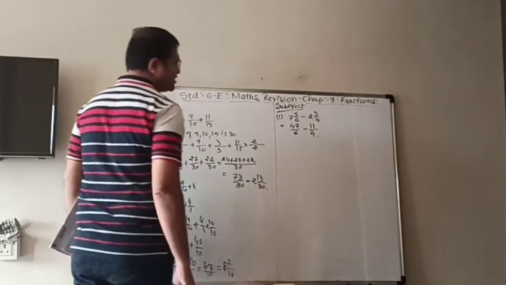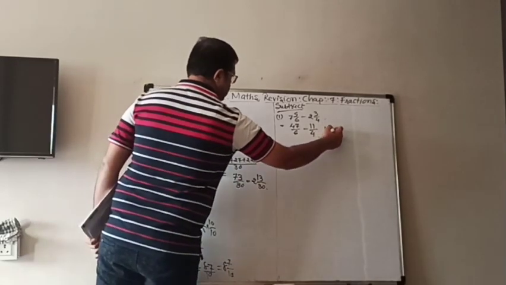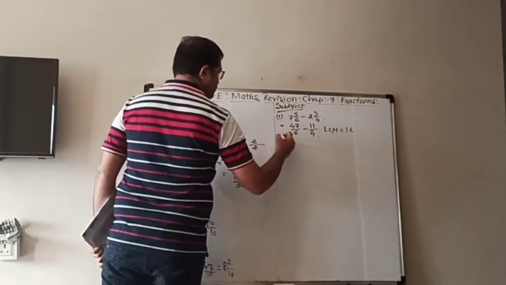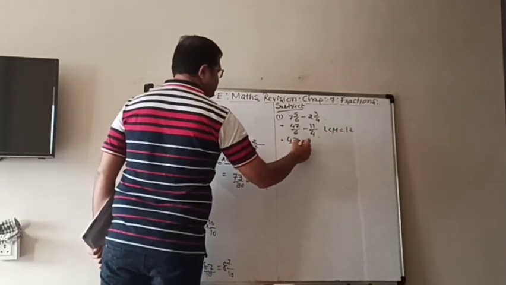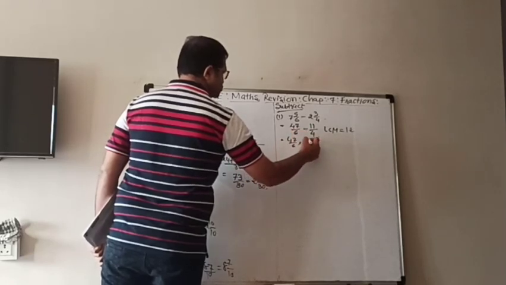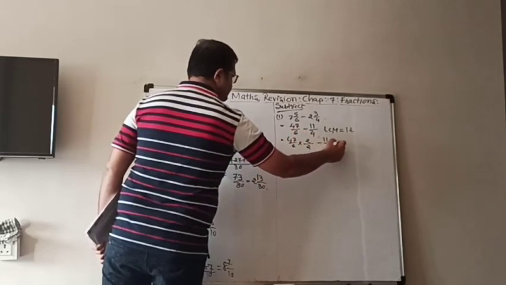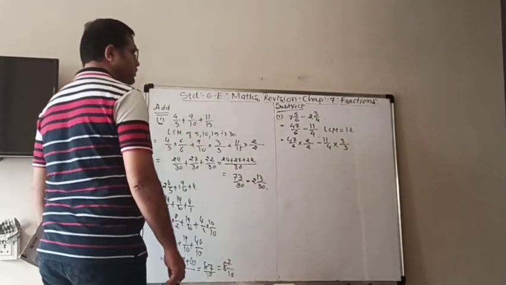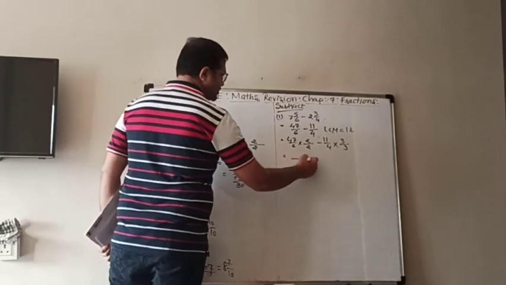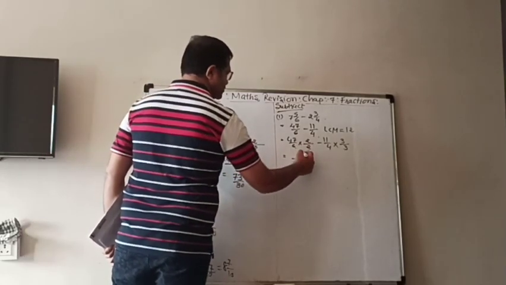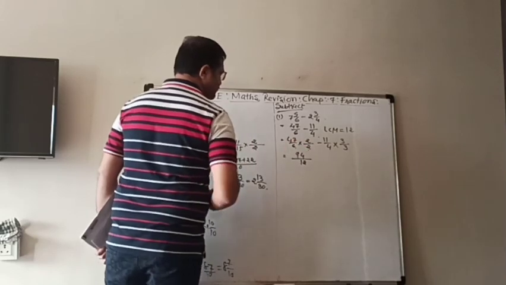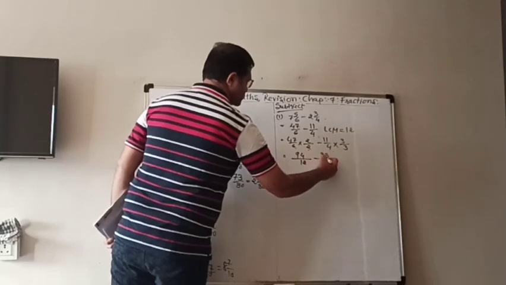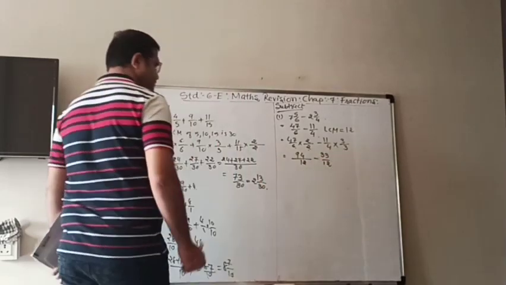Now LCM of 6 and 4 will be 12. So now 47 upon 6. 6 2s are 12. So 2 upon 2, minus. Here 4 3s are 12. So 3 upon 3. So now multiplication. 47 2s are 94, minus 11 3s are 33 upon 12.